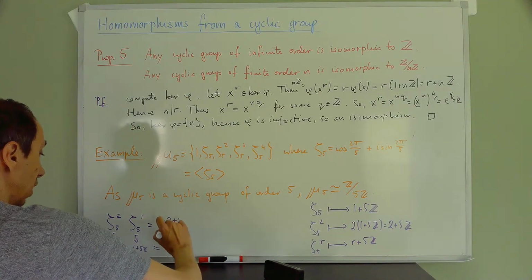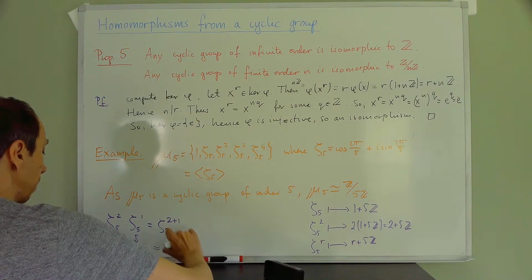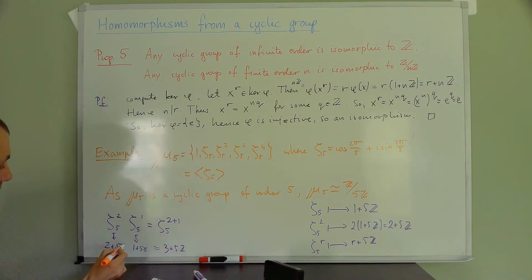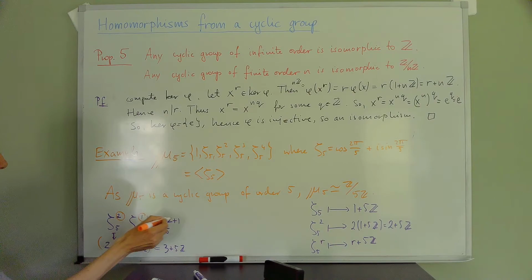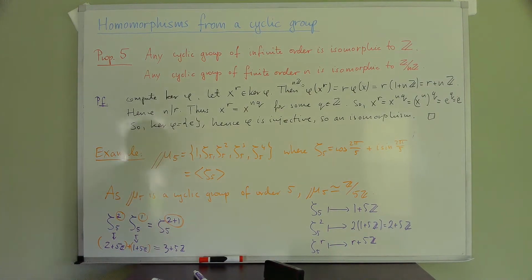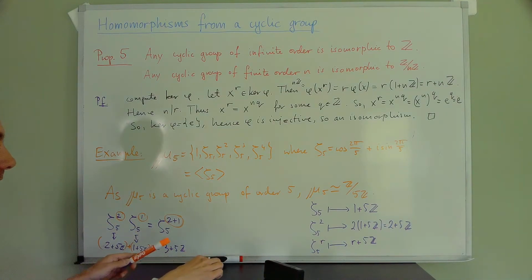Where is this sent? Well, this is sent to 3 plus 5Z. So you see how the operation in Z mod 5Z is reflected in adding the exponents here. And the exponents are really just added mod 5, right?